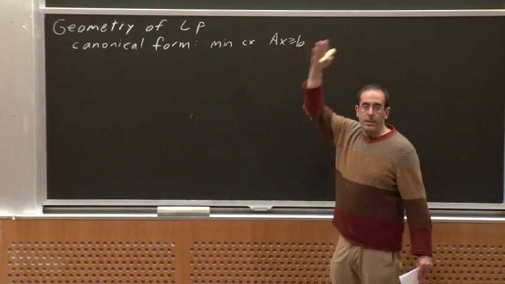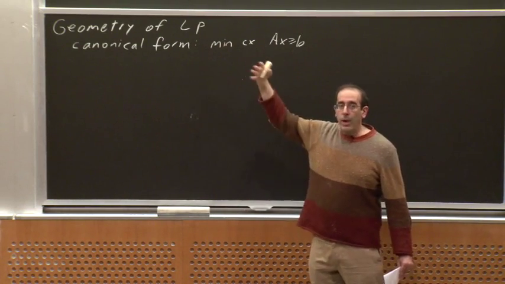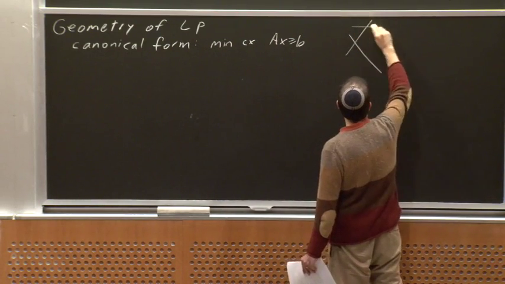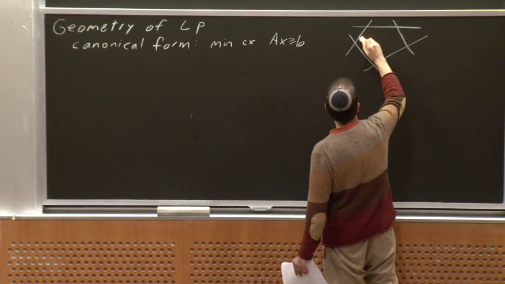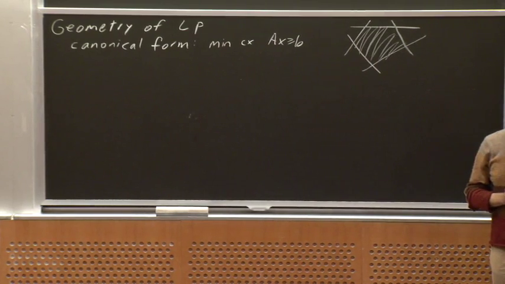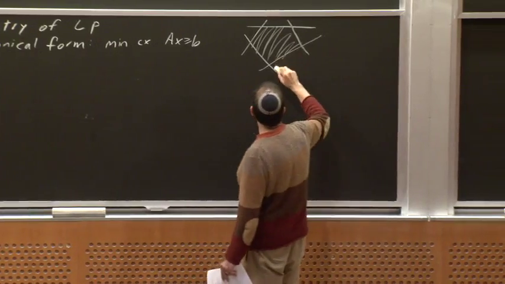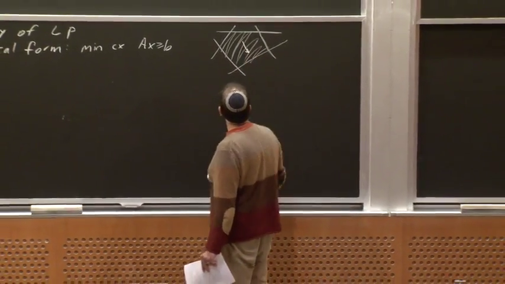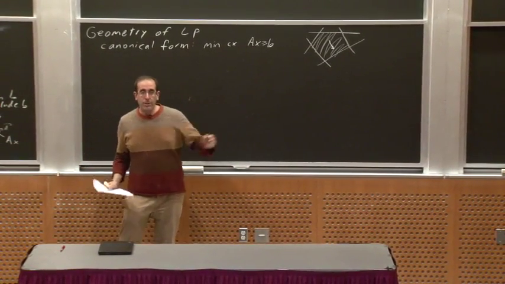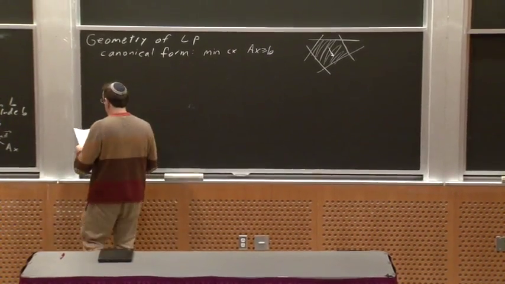A single constraint Ax equals b defines a hyperplane, and we're saying one side of that is OK. So we're going to take a whole bunch of these hyperplanes, and we're going to intersect them to get a feasible region. Okay? And our objective function is going to point in some direction. And so intuitively, what we want to do is move as far as possible in the direction of that objective function until we hit something that keeps us from going further.